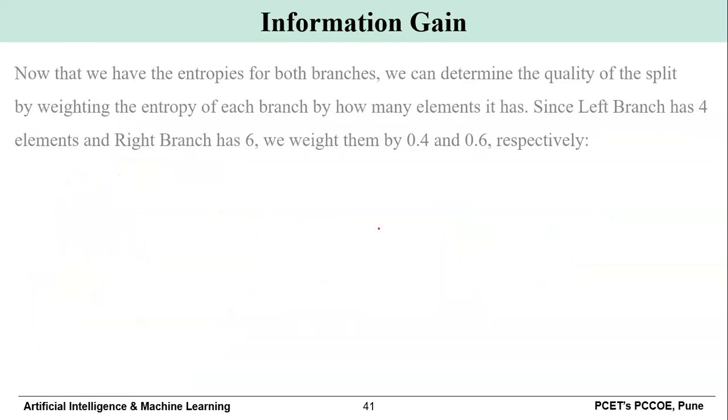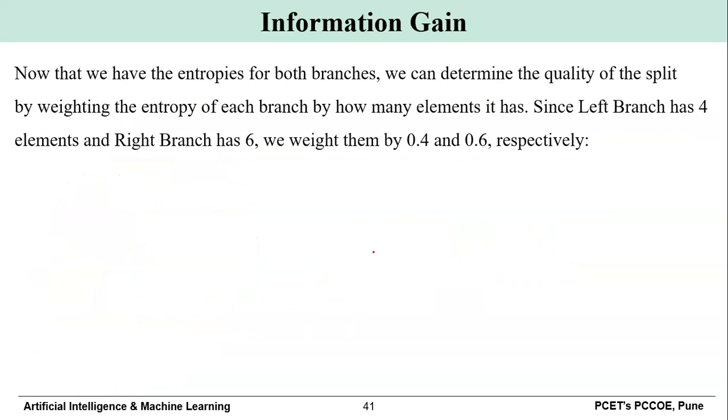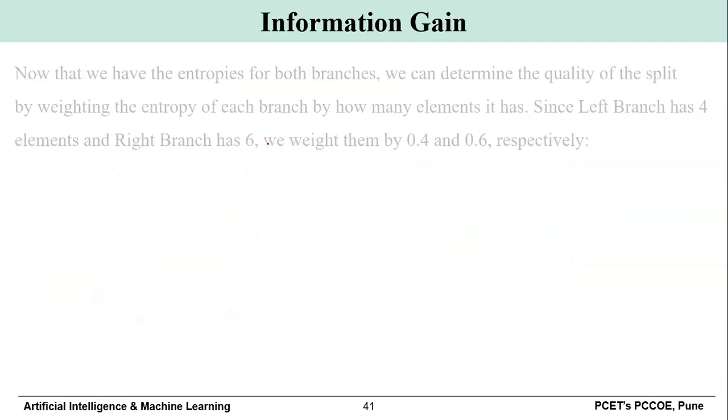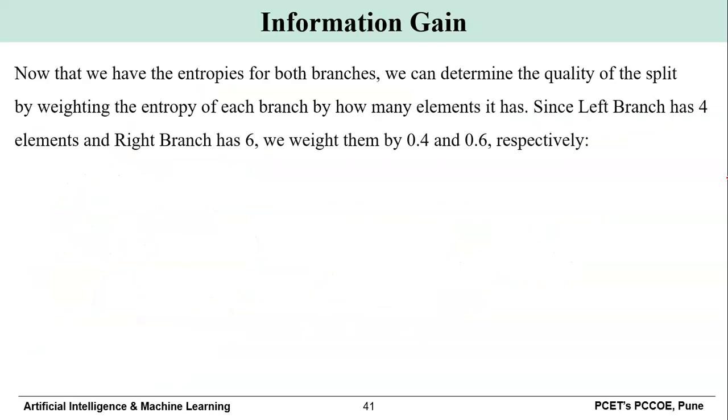So how do we calculate the total entropy? For the left side the entropy is 0, for the right side the entropy is 0.65. But on the left branch there are 4 data points and on the right branch there are 6 data points. So we need to estimate some weight, right? Directly we cannot sum both the sides.